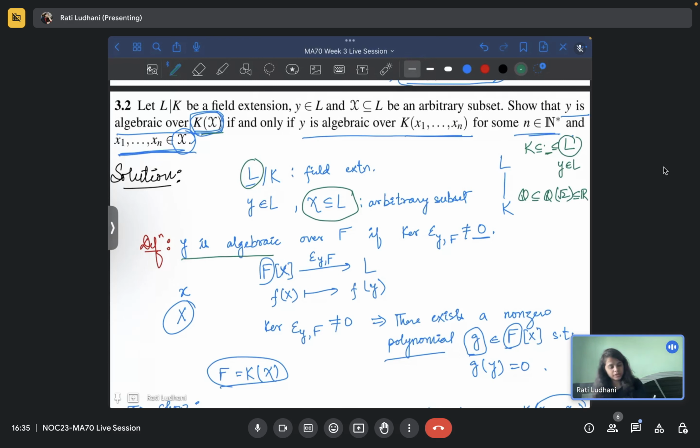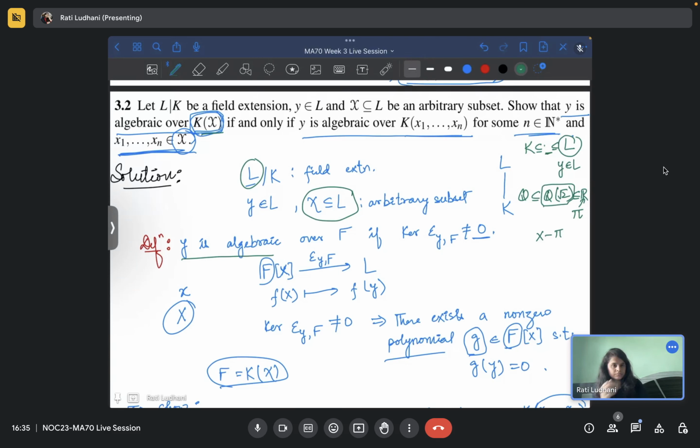Okay. Yeah, you can take pi, for example. Pi is algebraic over R because it belongs to R, so you can take x minus pi, but it is not algebraic over Q(root 2).